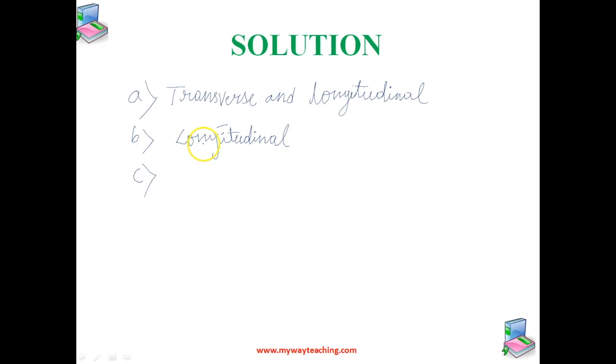And the third one, waves produced by a motorboat sailing in water. In that particular case, it produces both kinds of waves, that is transverse and longitudinal.